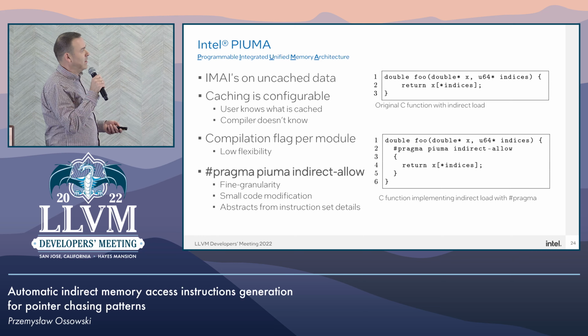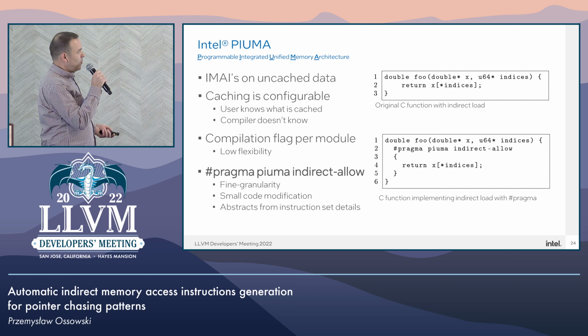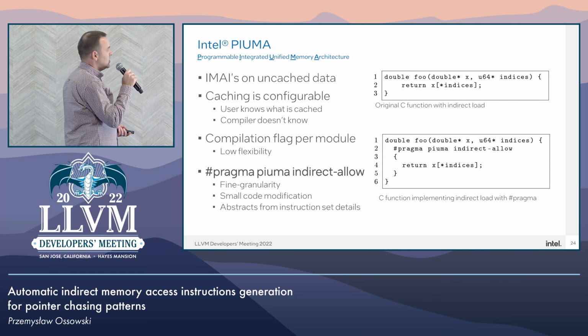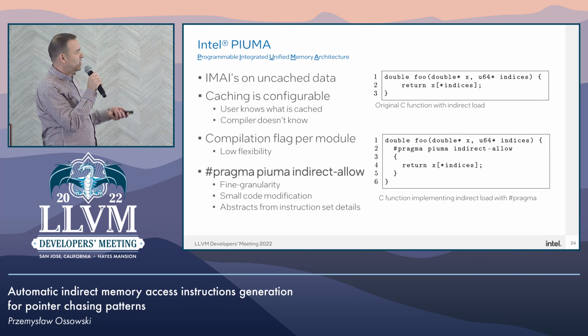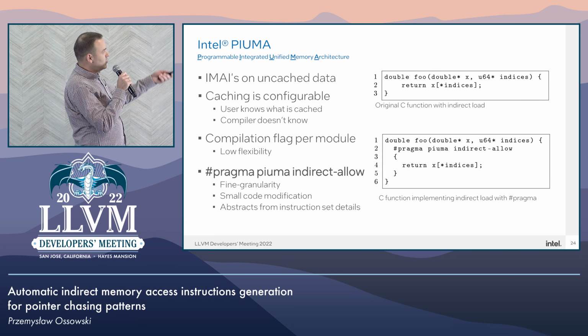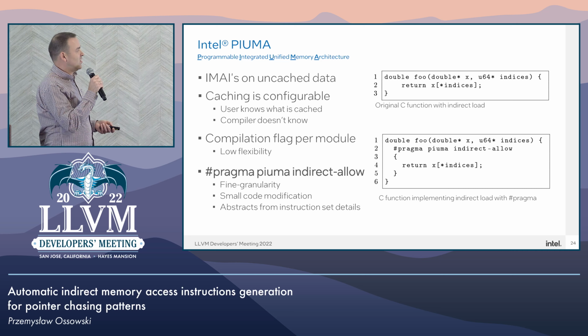So the approach which we've taken is a proposal to introduce a new pragma, which has the benefits that it has fine granularity, requires quite a small modification of the code compared to the previous one, and abstracts from instruction details.